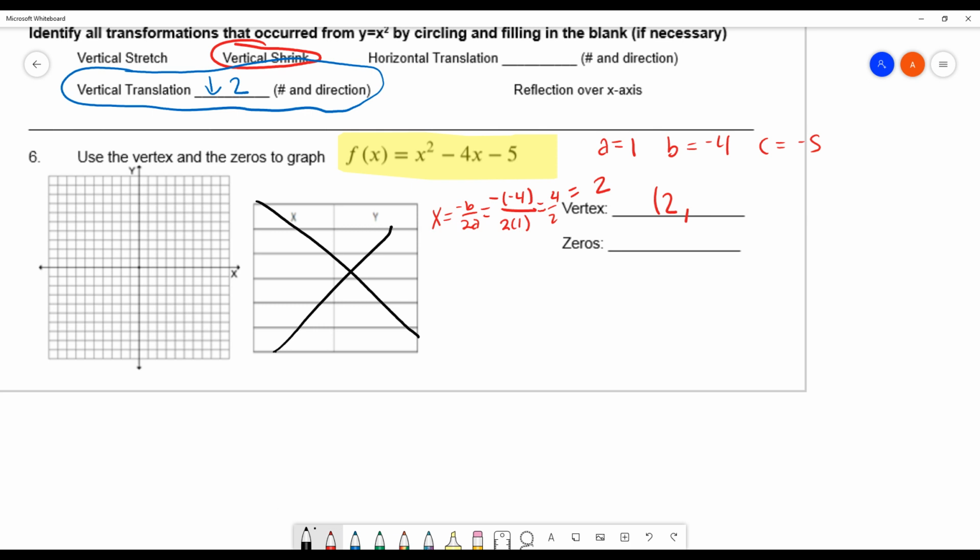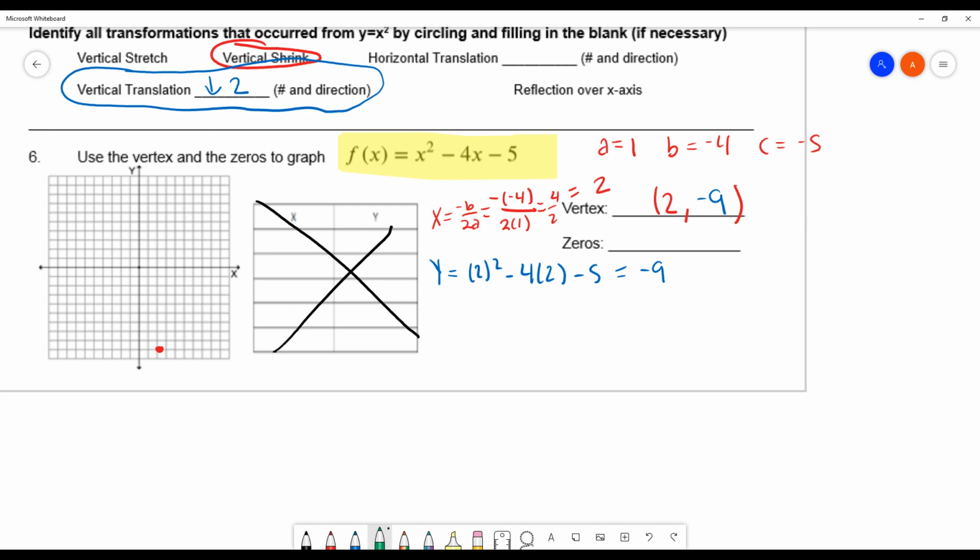And then let's find our y-coordinate by plugging that back in. So y is going to be 2 squared minus 4 times 2 minus 5. So that's going to be 4 minus 8, negative 4, minus 5 is negative 9. So our vertex is at that point, 2, negative 9, right there.